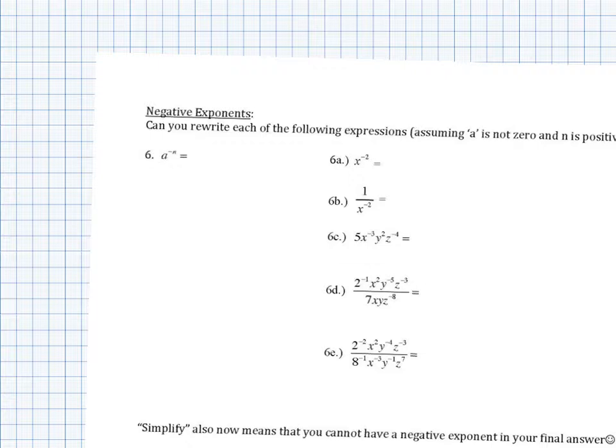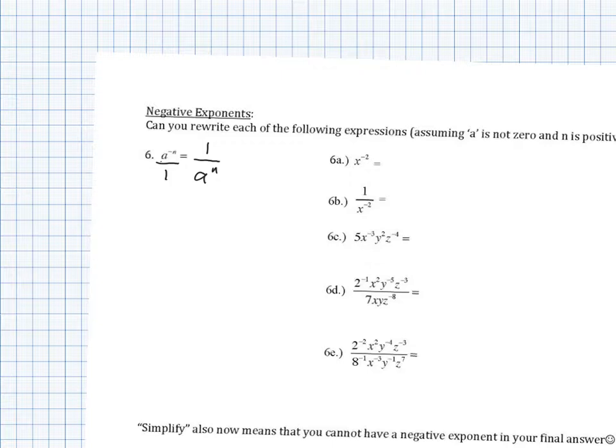So if we look at this as being a to the negative n over 1, that negative sign means invert it. Change it to 1 over a to the positive n. Okay? So has everyone got that in their head? The minus sign means, again, what? Invert. Flip it to the other side.